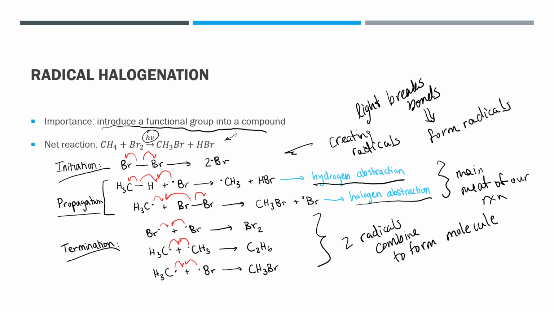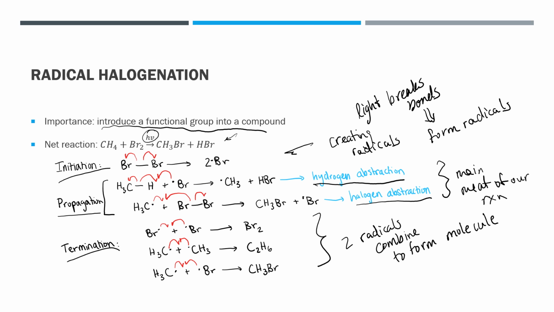So if I start with a radical, I need to end with another radical. So hydrogen abstraction just means I have a radical and a normal molecule, the radical picks up a hydrogen, and I'm left with a different radical. And halogen abstraction is literally the same thing, but we're talking about halogens. A radical pulls a halogen off a molecule, and that creates another radical.